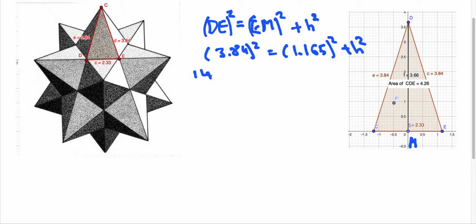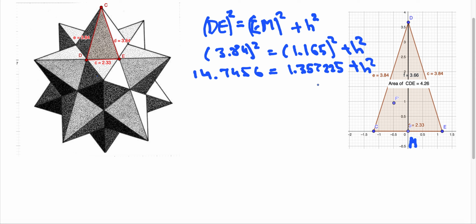We get this value: 14.7456 is equal to 1.357 plus h squared.